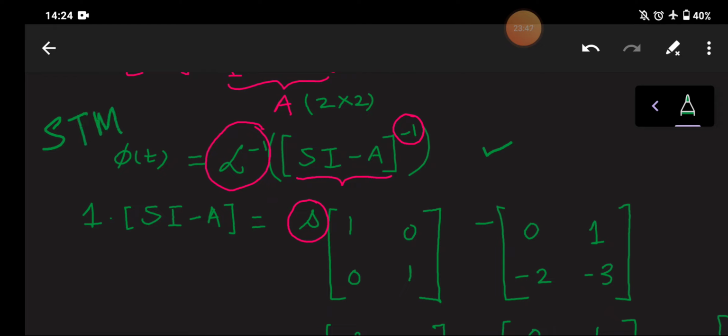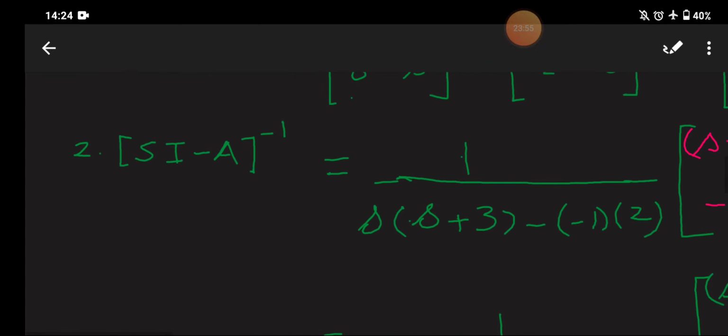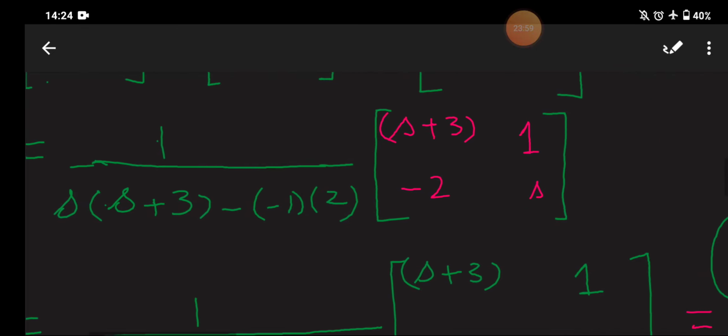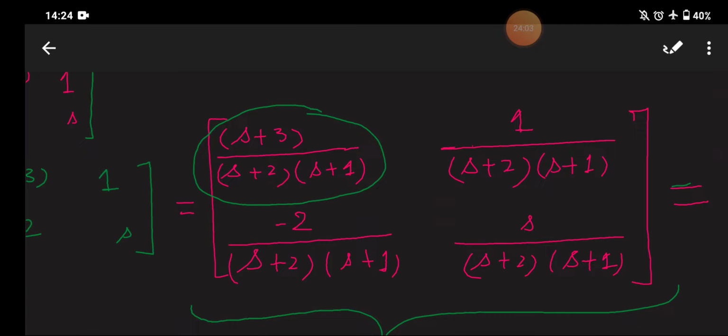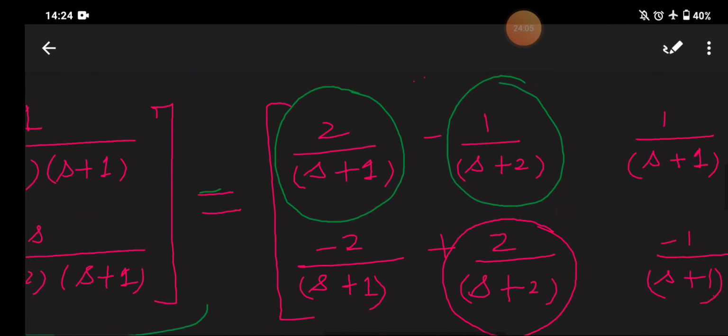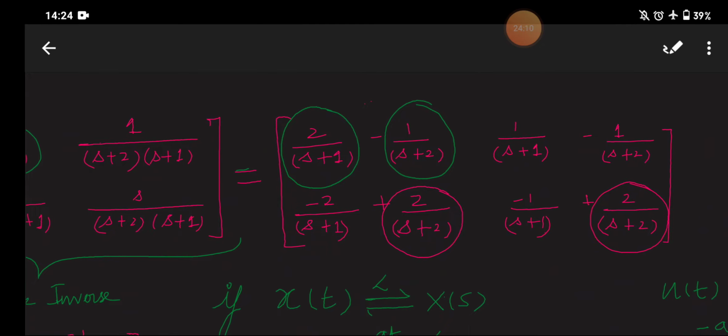First of all we will determine sI minus A in our first step. Moving further, we will do the inverse in our next step, which will look like this matrix given here, and we have converted it to this format using partial fractions.